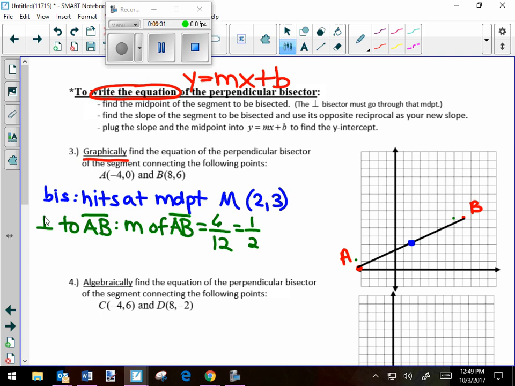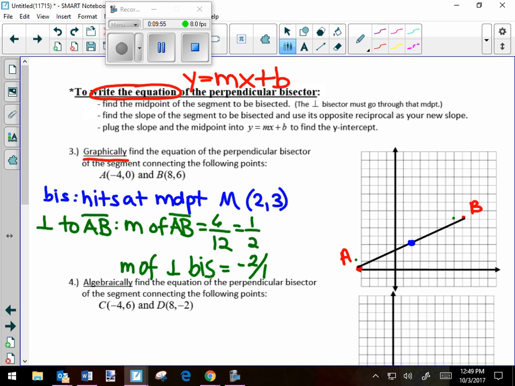So now that I know that my line that's perpendicular to this has to have a slope that's the negative reciprocal of up 1 over 2, that means the slope of my perpendicular bisector is going to be negative 2 over 1.